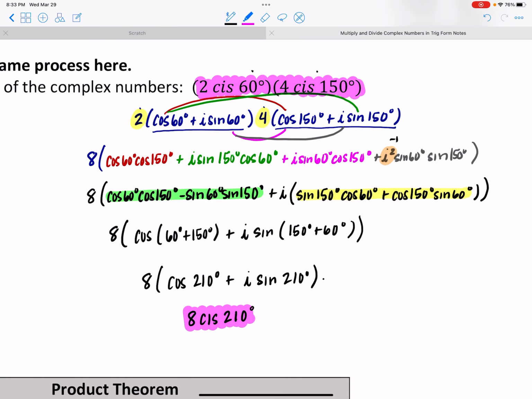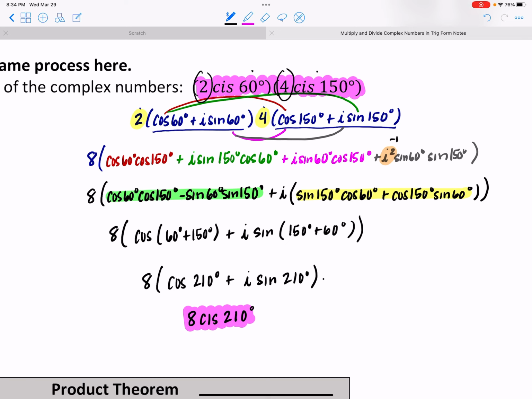Yeah, we can bypass some of the work by just multiplying the radius length here with the radius length here. We actually call that the absolute value of our complex number in trig form. Remember that the radius length would be the same as the length of the triangle, or like the magnitude of a vector.